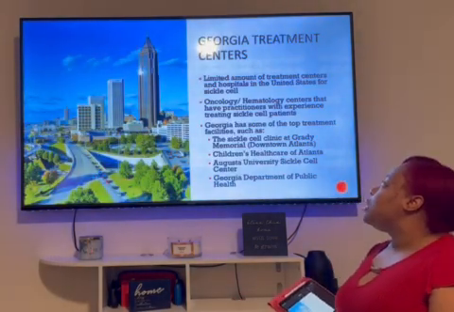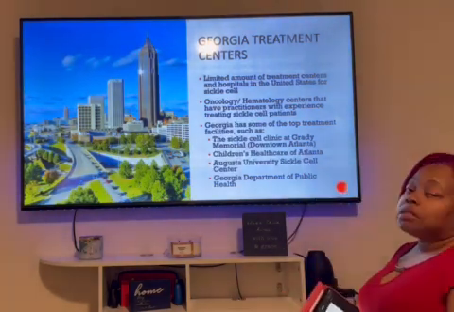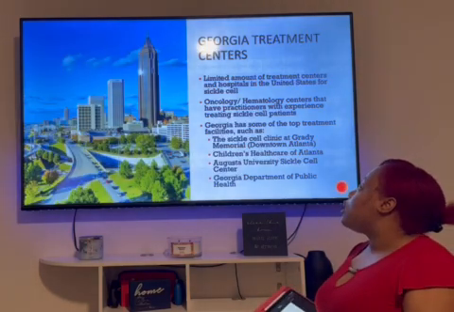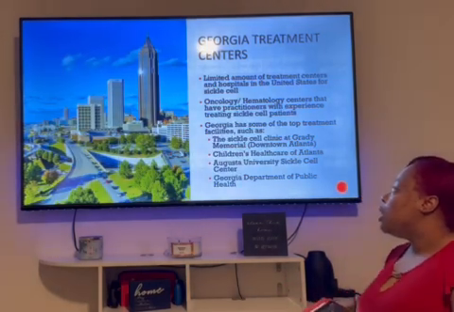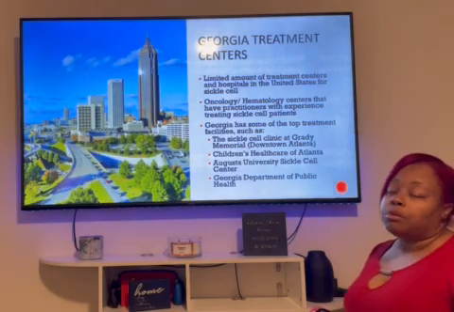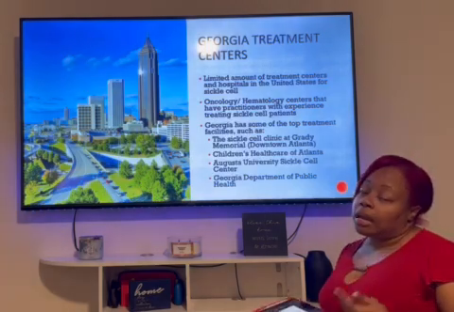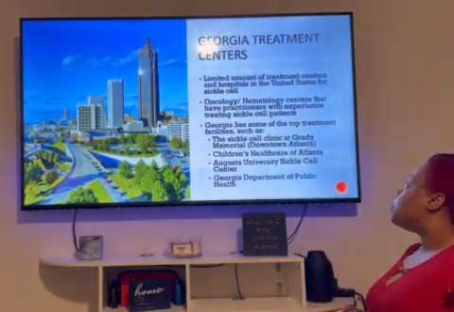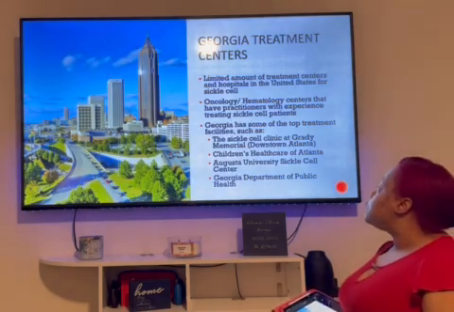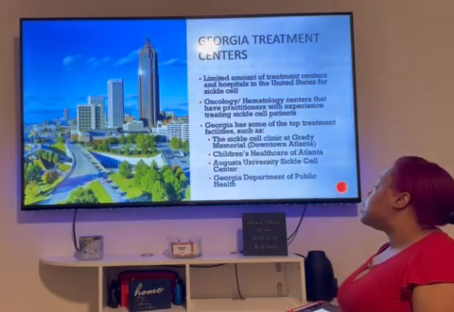There aren't many places where you can go for treatment of sickle cell. I only know about the ones in Georgia, so there are treatment centers here in Georgia. There is a limited amount of hospitals that know how to deal with sickle cell patients in the United States and in Georgia. Places that can treat are mostly oncology and hematology centers that have practitioners with experience treating sickle cell disease.